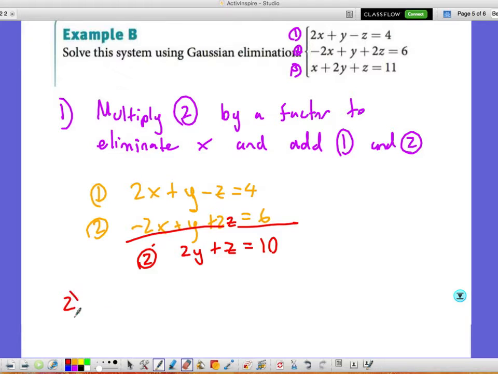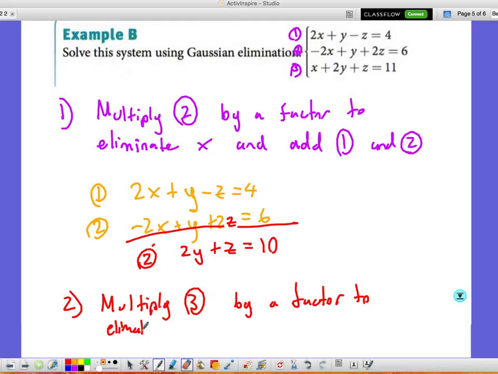Step 2. Multiply equation 3 by a factor to eliminate x and add equation 1 and equation 3.